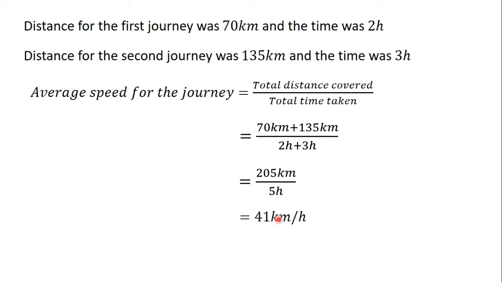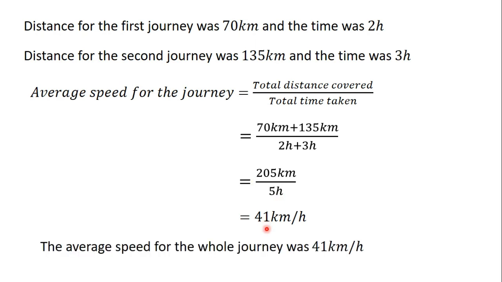Kilometer divided by hour gives us kilometer per hour. So 205 kilometers divided by 5 hours gives us 41 kilometers per hour. This means that for the whole journey, the cyclist was traveling at an average speed of 41 kilometers per hour.